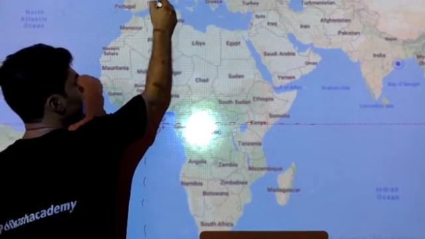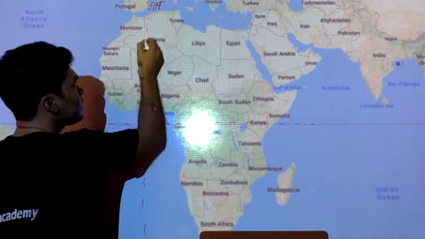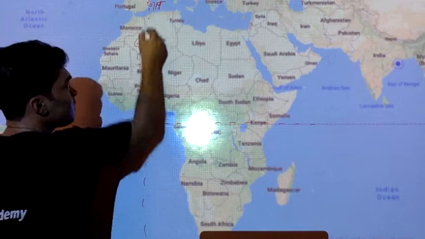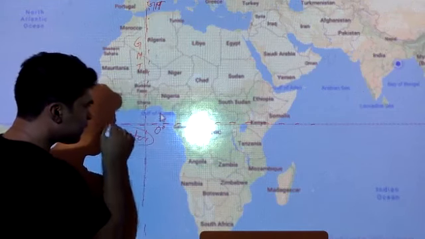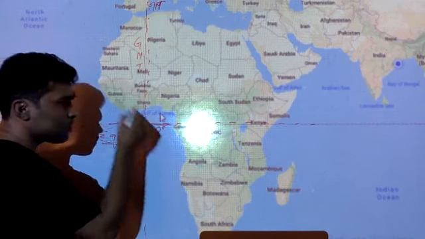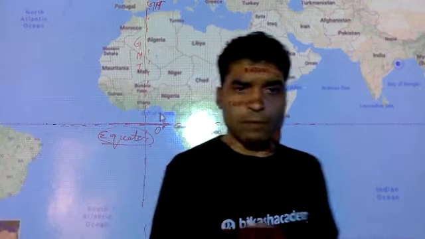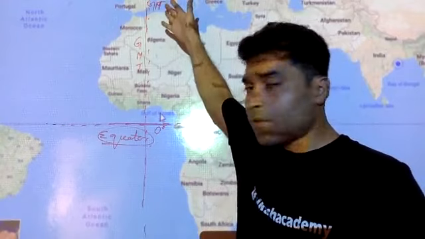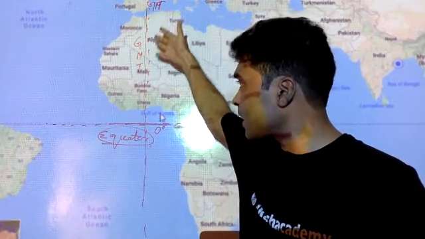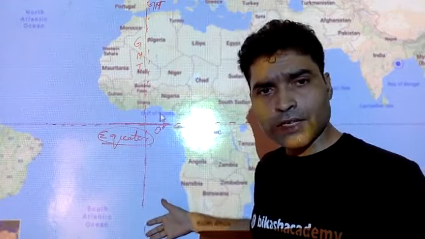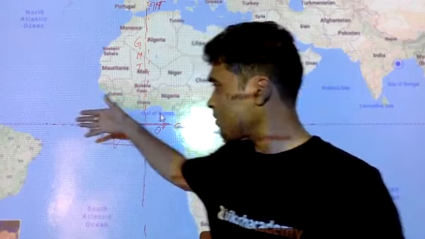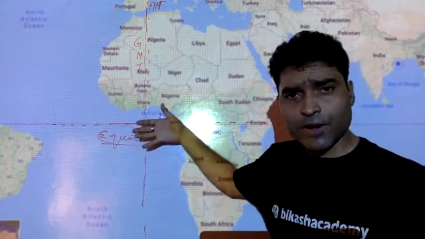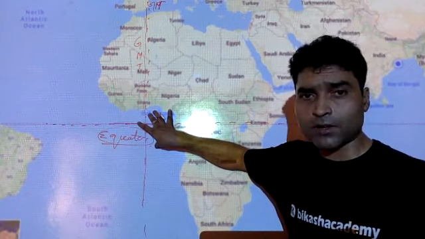And this color is GMT, coming from Europe. And they are intersecting at this point, that is the Gulf of Guinea. So please keep in mind, Greenwich Mean Time coming from Europe, London headquarters, crossing through Africa, and the equator, which is passing through Africa, intersecting at this point.